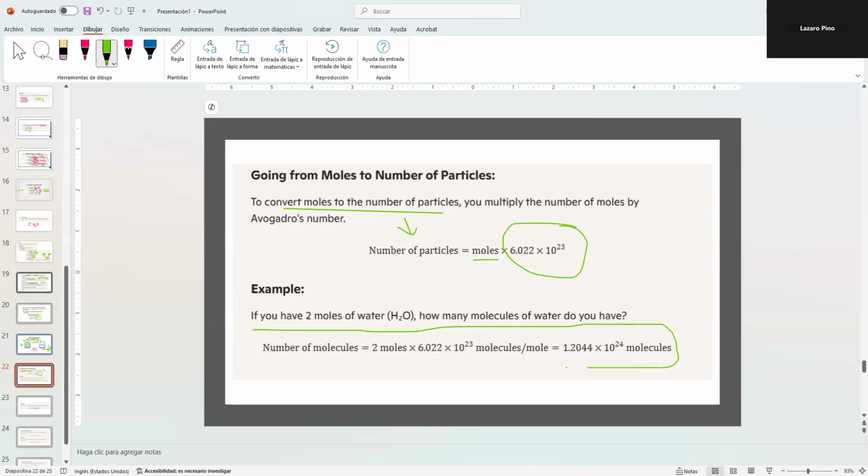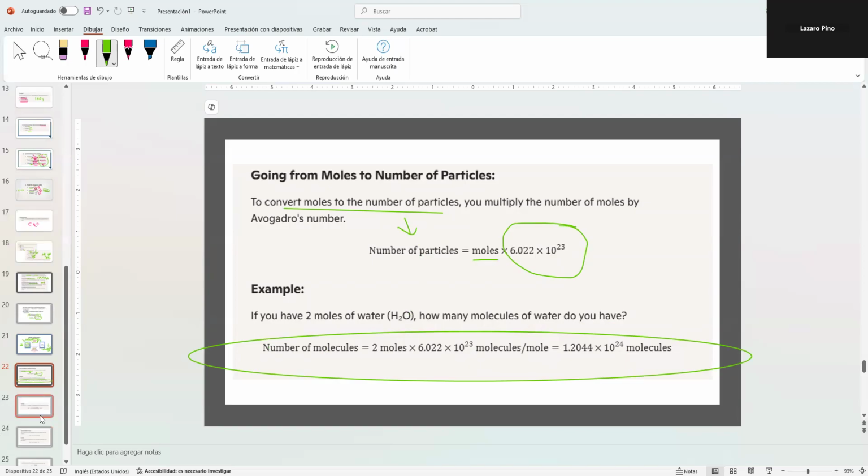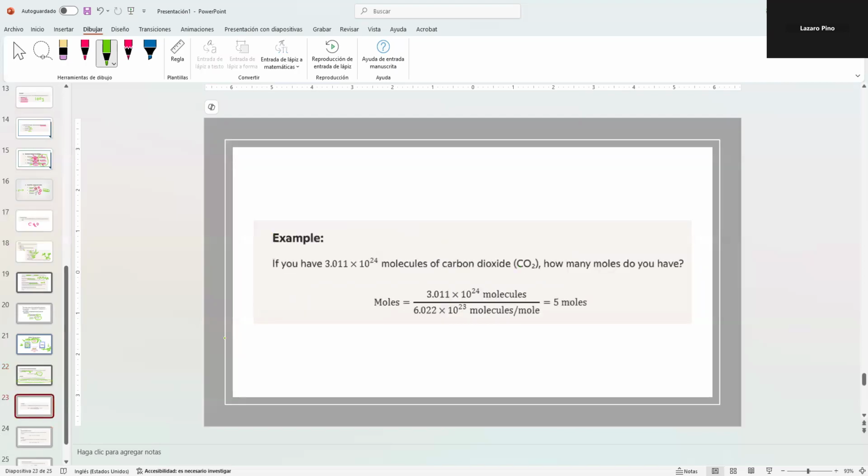Stop the video and try to do it by yourself. The opposite, you want to get moles from particles, in this case molecules, then you divide by the Avogadro's number and you get moles of the compound.